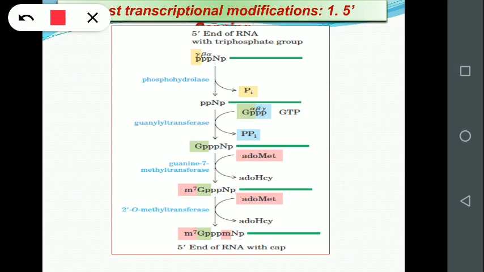The interaction takes place between the 5' phosphate of the guanosine monophosphate and the 5' of the nucleoside diphosphate. So this is a 5' to 5' phosphodiester bond. That is why it is completely closing, not opening, the end, closing the head of the primary transcript.